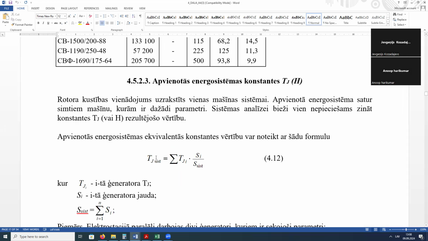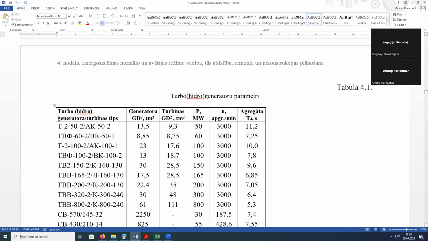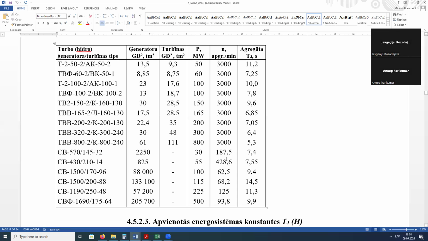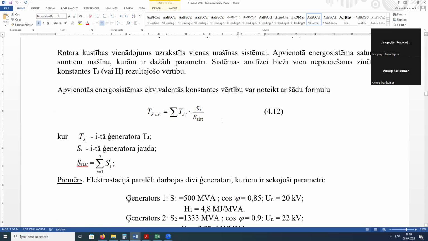This formula represents it in time, and here we got the table with different types of generators and their parameters, for example, inertia J in seconds. So how to calculate the system's inertia if we know the information of every single generator?